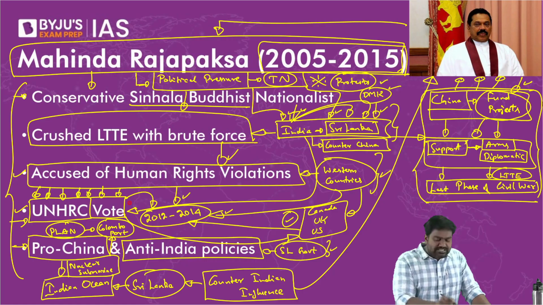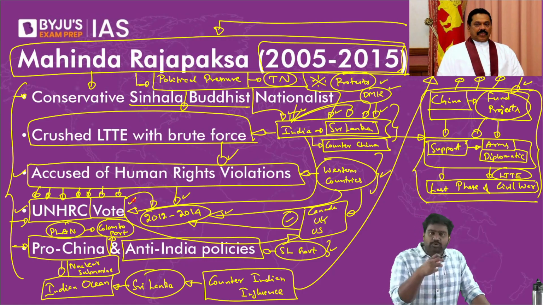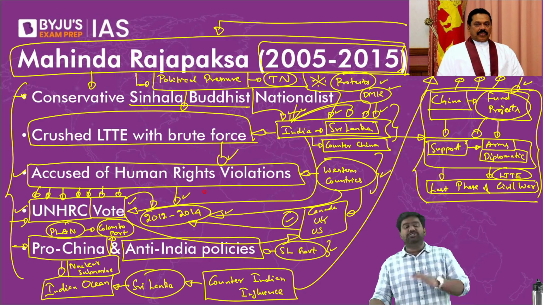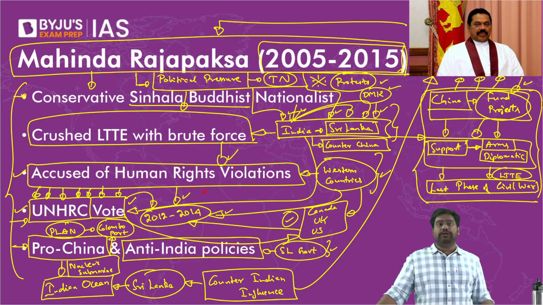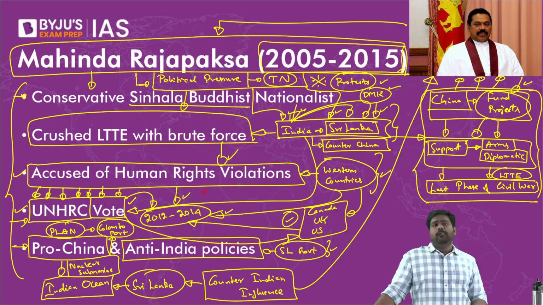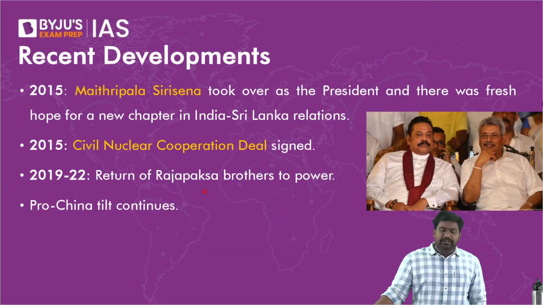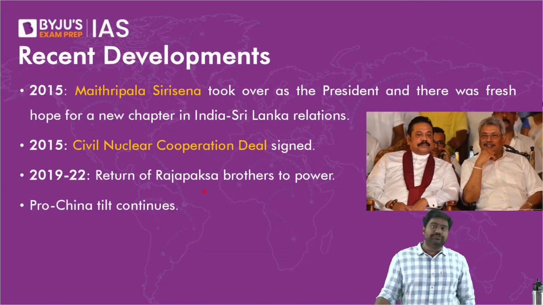Later, when UNHRC voting came up, which was pushed by Western countries, even though India wanted to shield Sri Lanka to protect our interests and counter China, at the last minute, India was forced to change the vote due to pressure from Tamil Nadu parties. So China again took over and firmly established its presence, countering Indian influence in the region. So this became a very difficult period for India-Sri Lanka relations.